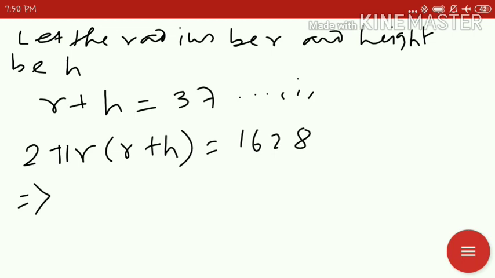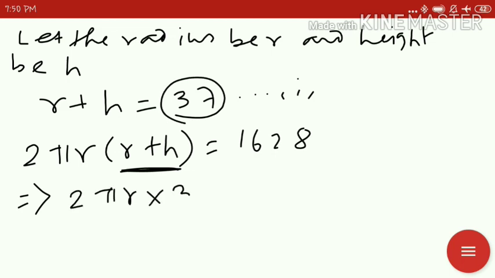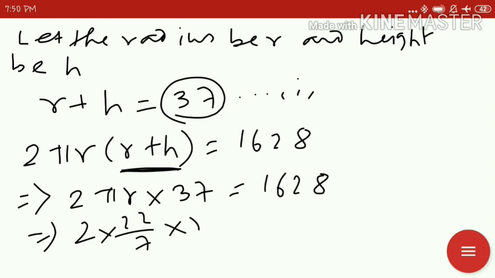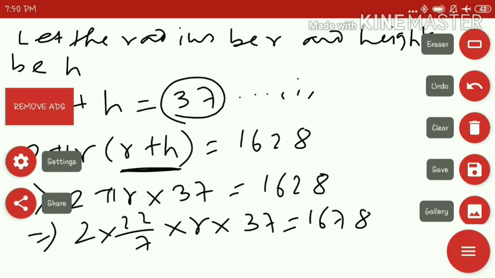You can easily see that in the place of r plus h, we can put the value 37. So 2 pi r into 37 equals 1628. We know 2 pi as 22 by 7. By taking 2, 22 by 7, and 37 all to the right side, we can easily get the value of r.